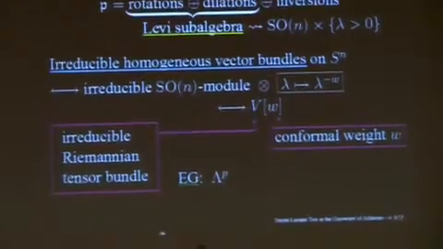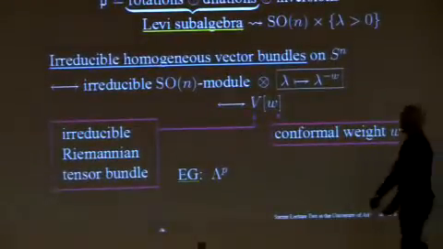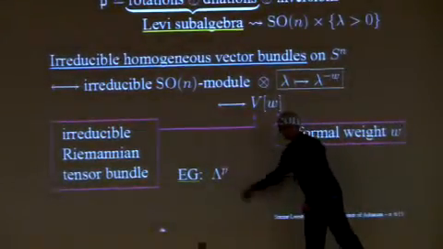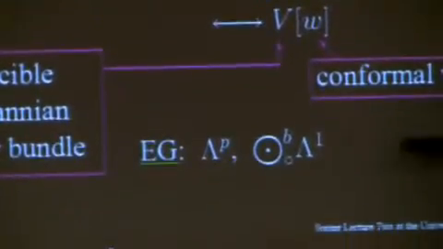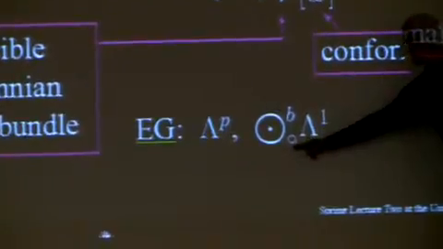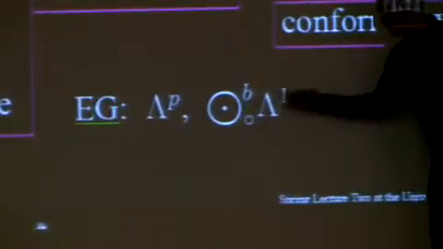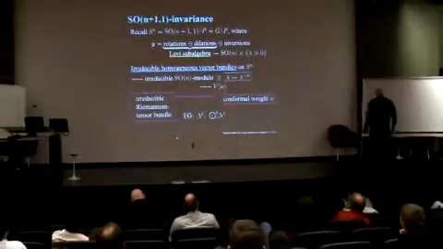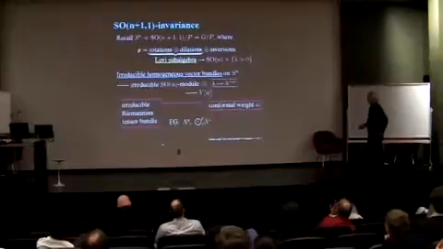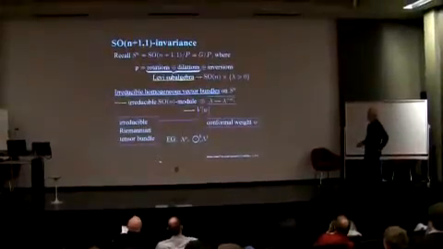So let's look at some examples of what I mean by Riemannian tensor bundle. Like the bundle of p-forms. This will be the symmetric, trace-free tensors with one index down of valence B. So that's my notation for the symmetric covariant B tensors which are trace-free.